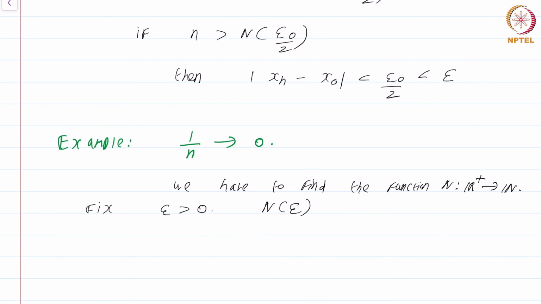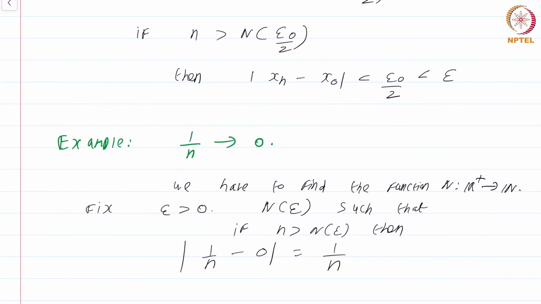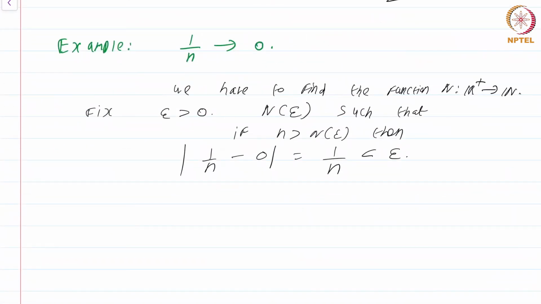Okay. So fix epsilon greater than 0. We have to find an N epsilon such that if small n is greater than N epsilon, then 1 by n minus 0, which is just 1 by n, must be less than epsilon. I have to find some value N of epsilon such that this is satisfied. How do I do that?